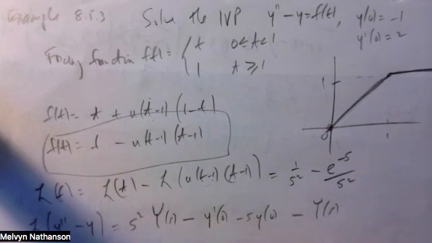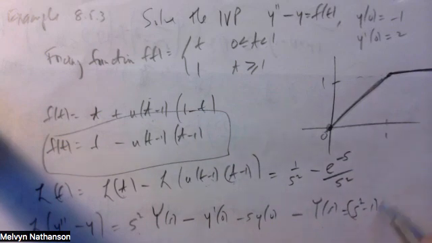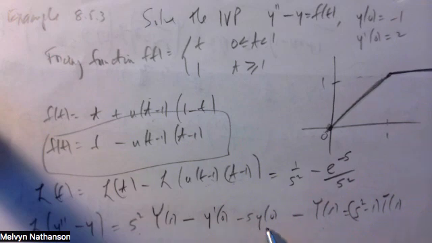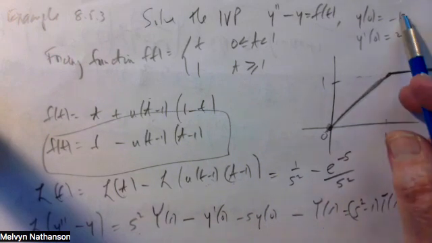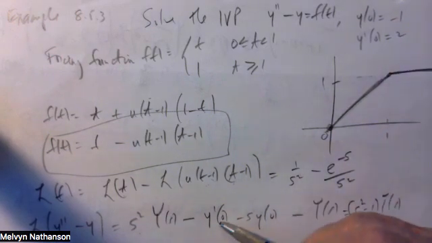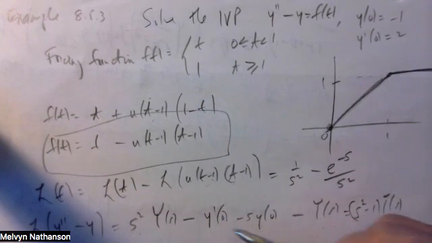So this is equal to s squared minus 1, Y of s. y of 0 is minus 1, and y prime of 0 is 2. So this is minus 2 plus s.